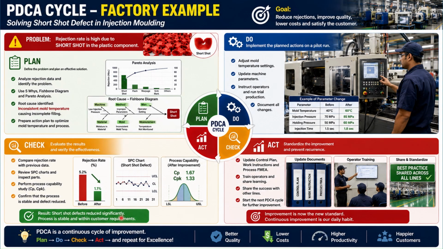It's a systematic approach for identifying problems, implementing solutions, verifying results, and continuously improving manufacturing processes. That's exactly why PDCA is the foundation of world-class manufacturing systems, including ISO 9000, IATF 16949, APQP, Lean Manufacturing, and Six Sigma.